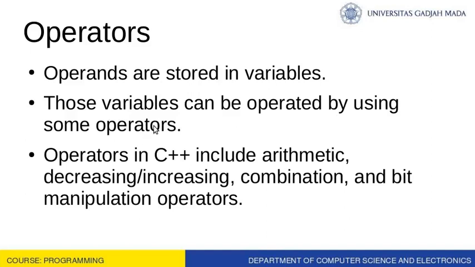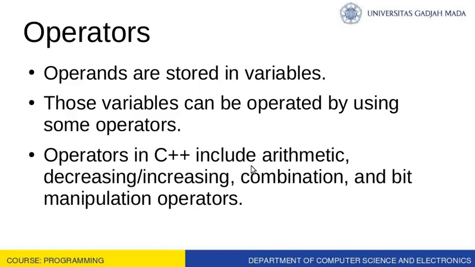Of course, in the mathematical sense, if we have an operand, then we can do an operation on that operand and it will give a result. In programming languages, this is similar to the mathematical sense: if we have variables or operands, then we can do some operation by using operators.